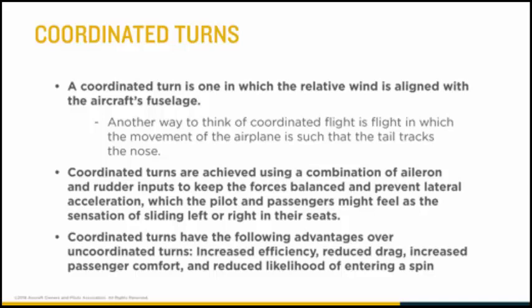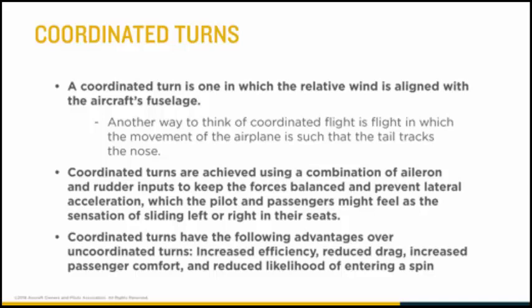So another way to think of coordinated flight is flight in which the movement of the airplane is such that the tail tracks the nose. To coordinate the turn, rudder is applied to the yaw. So the airplane is neither slipping nor skidding. A pilot monitors this by watching the turn coordinator, which contains the inclinometer.